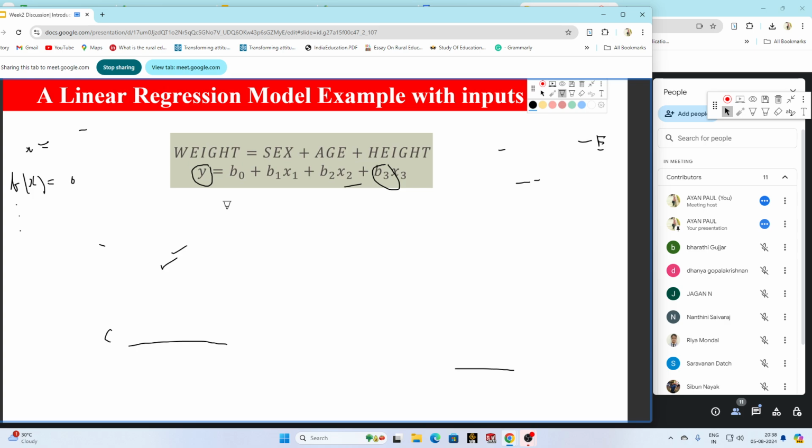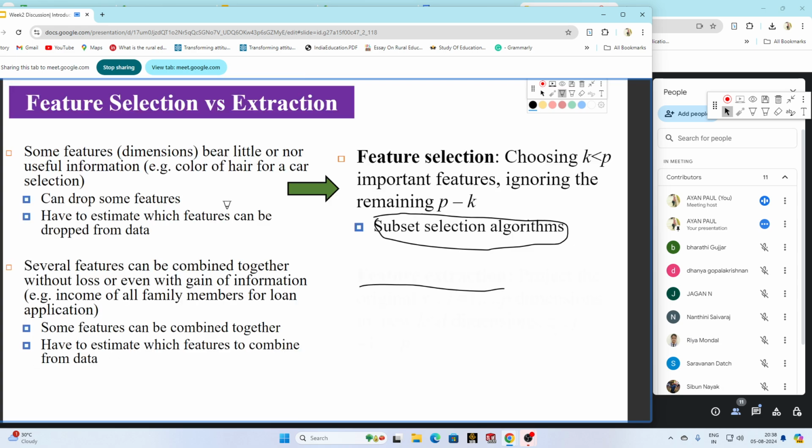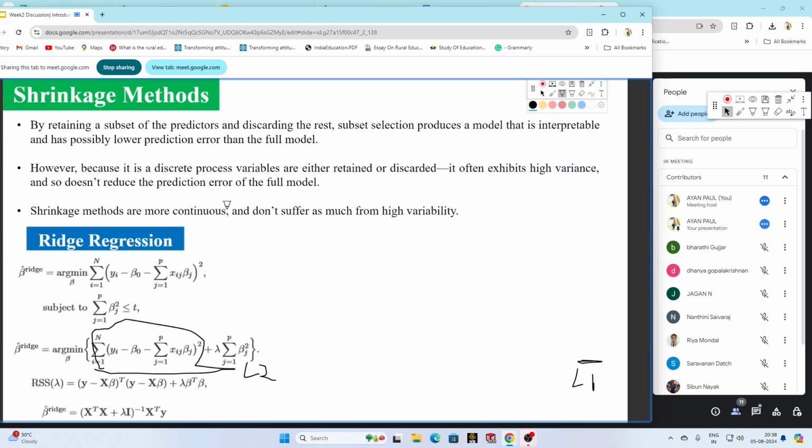By shrinking the coefficient, we make it a continuous process. The previous one is a discrete process, but now we are making it continuous. So let's see how we can do this by the shrinkage method.